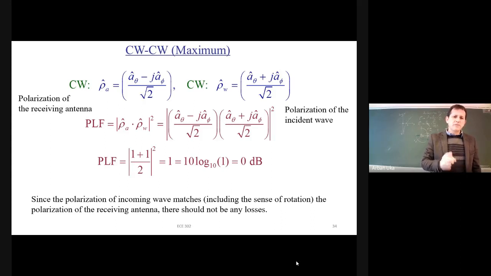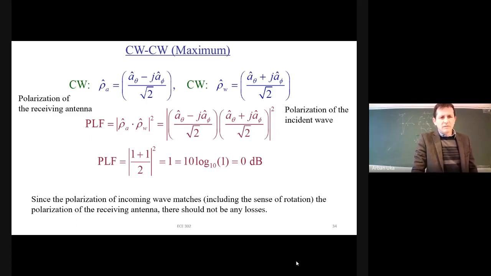Now, if we have an incoming wave and a receiving antenna, we are going to have a complete match, corresponding to 0 losses, when the XA has a different sign. So if we have a negative sign between the wave and the antenna, you usually expect no loss, as you can see here.